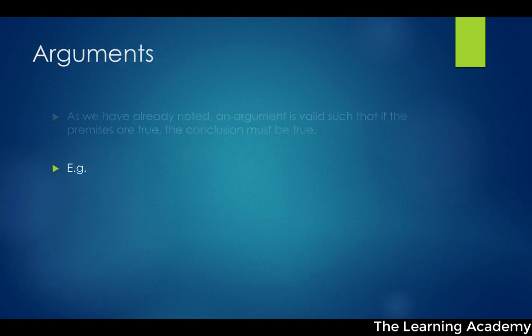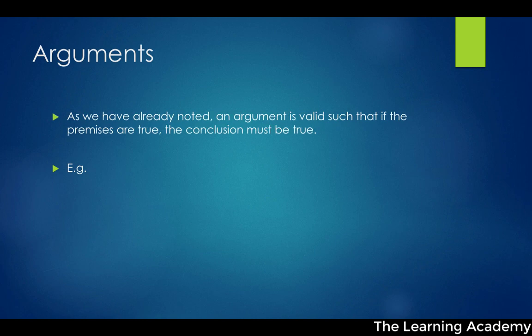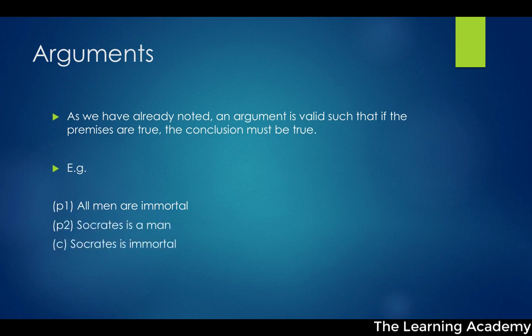So, as we already know, an argument is valid such that if the premises are true, then the conclusion must be true. We can take this example that we have already looked at before. Premise 1, all men are immortal. Premise 2, Socrates is a man, therefore the conclusion will be Socrates is immortal.